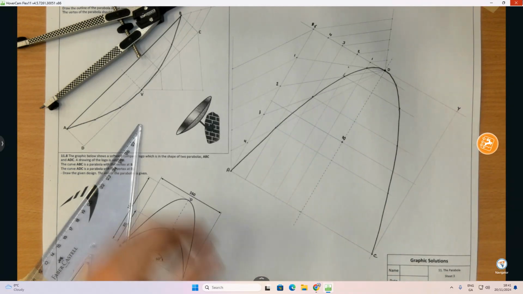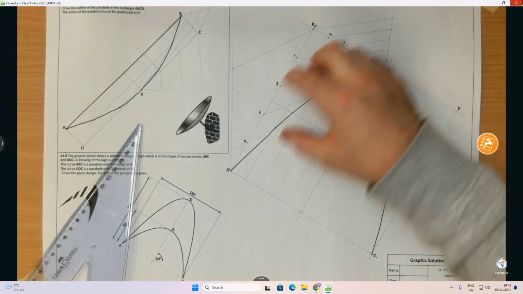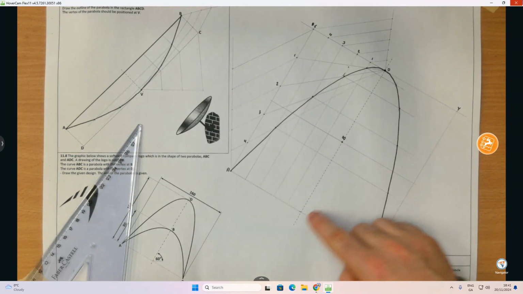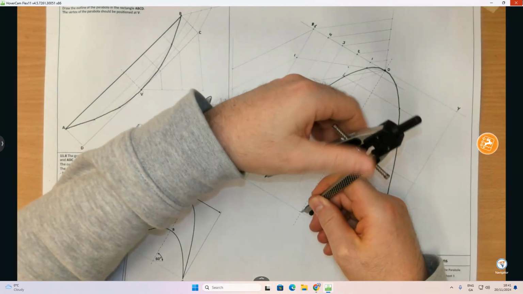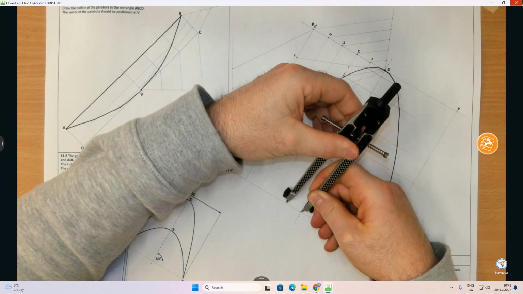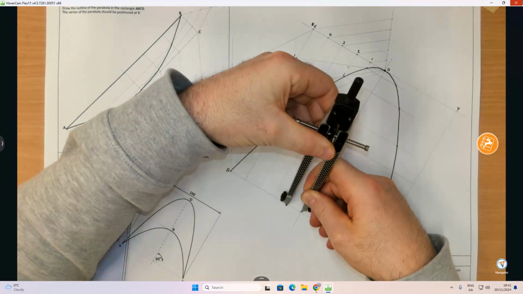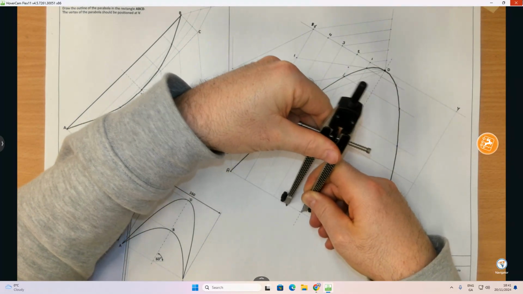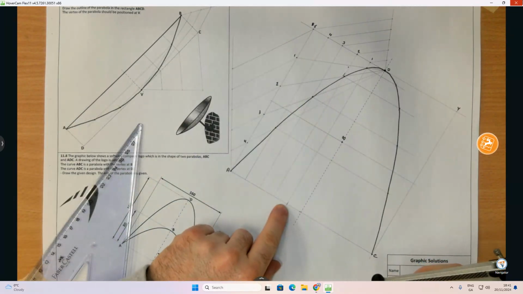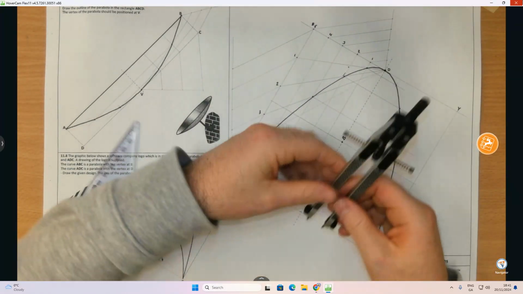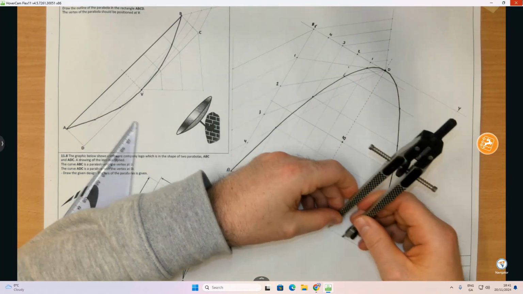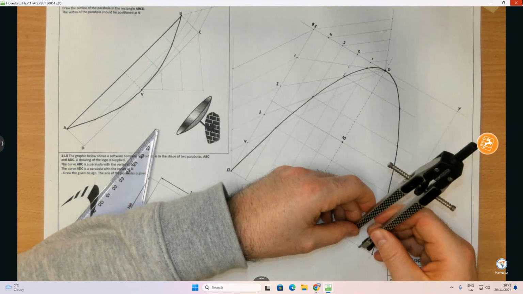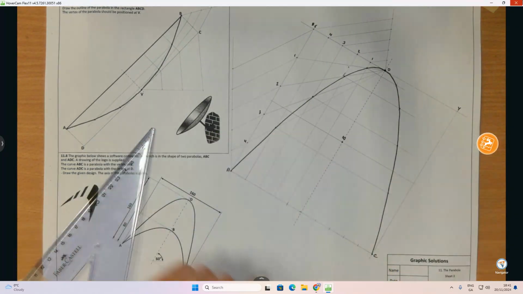Now what I could do to save me, because I've quite a bit of work already done over here, I'm going to do it on this half over here. So what we could do is take the distance from the axis to one of your divisions, that distance right there, from there to there, and I could mark it out this way 5 times. 1, you have to be accurate, 2, 3, 4, and 5.